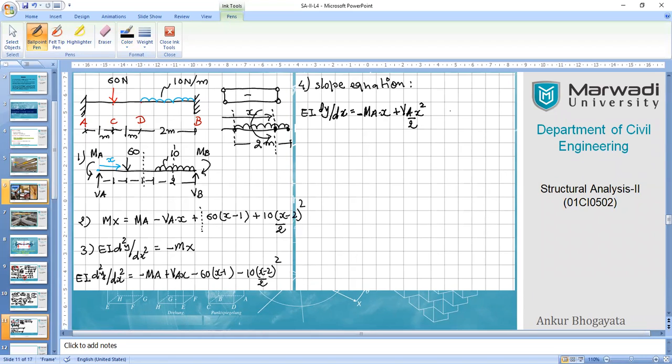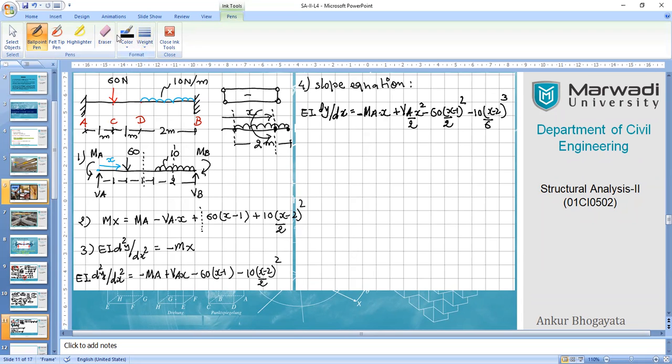VA x square by 2 minus 60 x minus 1 square upon 2 minus 10 x minus 2 cube upon 6. All right, so this is our first slope equation.